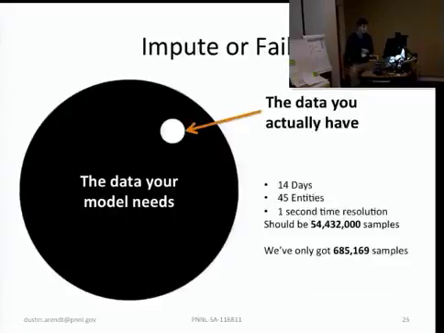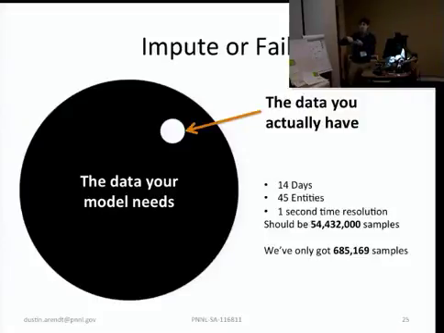The reason for that is, I think we talked about black holes and worms recently, and here's a black hole. This is very common, right? We have this tiny little speck of data, which is what we've actually recorded from a sensor, but our models require something extremely structured and well-behaved.